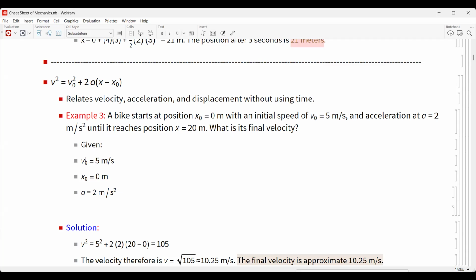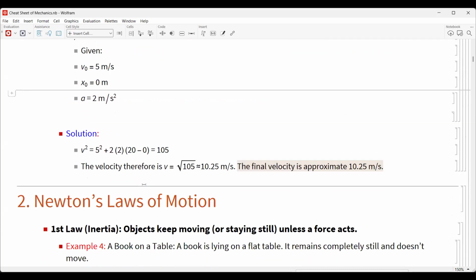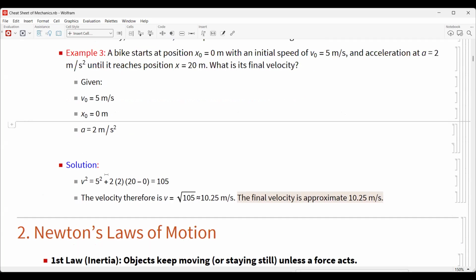So we have the given here: the initial velocity, 5 meters per second, initial position x sub 0 equal to 0, and we have the acceleration equal to 2 meters per second squared. Okay, for the solution, we substitute here.